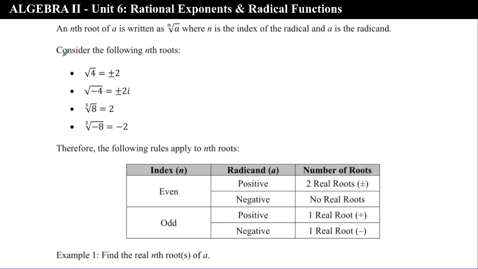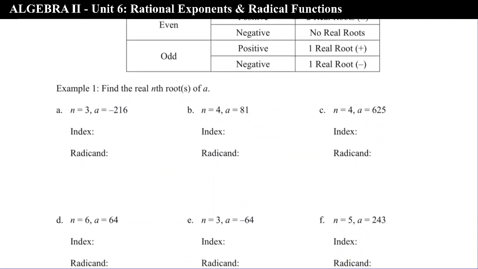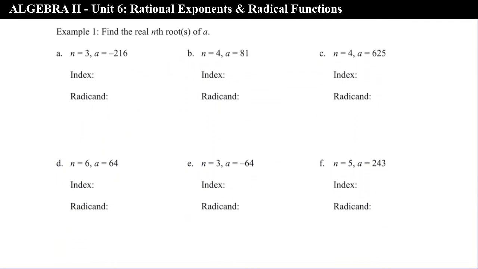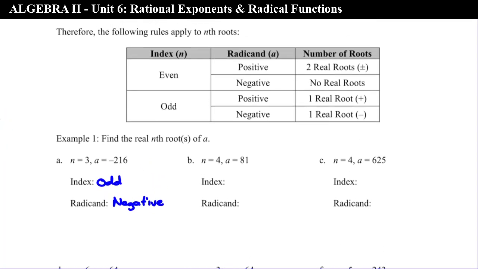All right, let's do some examples of these. These are all fairly quick examples. We're going to find the real nth roots of a. You're going to figure out what your index and radicand are. Our index is odd in this one, and our radicand is negative. So since our index is odd and our radicand is negative, let's look at our table.